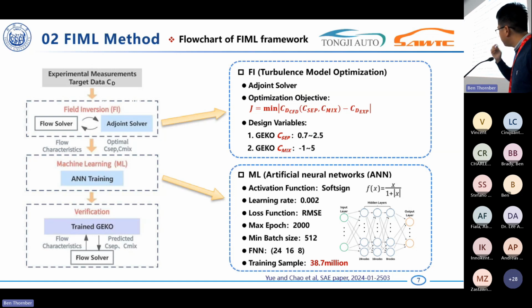For the machine learning part, we use an artificial neural network. Here we list the activation function and the hyperparameters. The number of training samples is essentially the number of grid points we used.